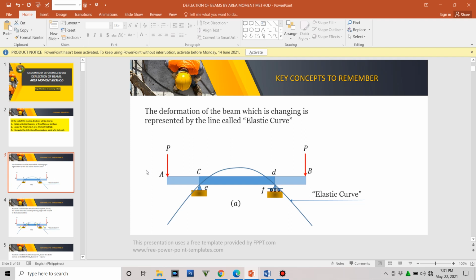So first, the deformation of the beam, which is changing, is represented by the line called elastic curve. So we usually illustrate the elastic curve. Sa mga previous topic natin, elastic curve is essential in establishing equations.